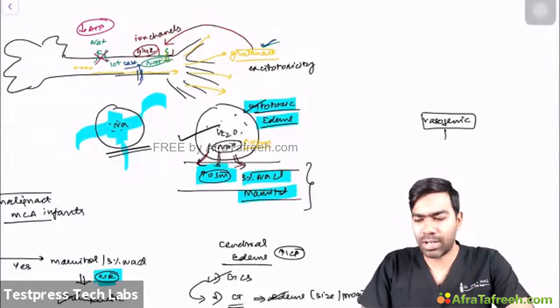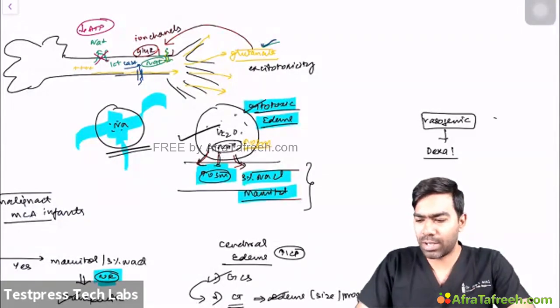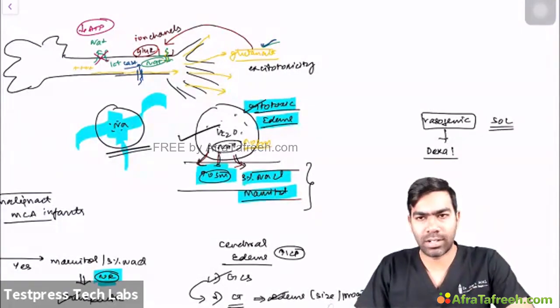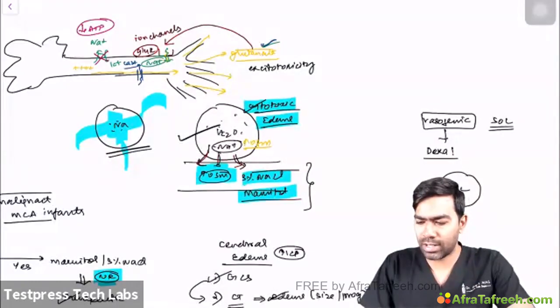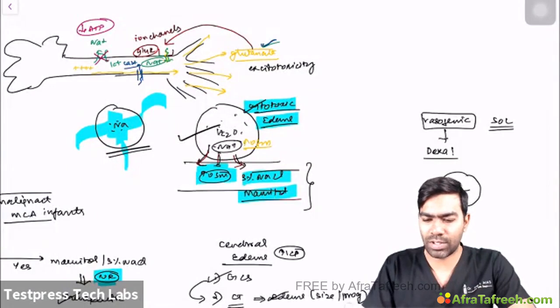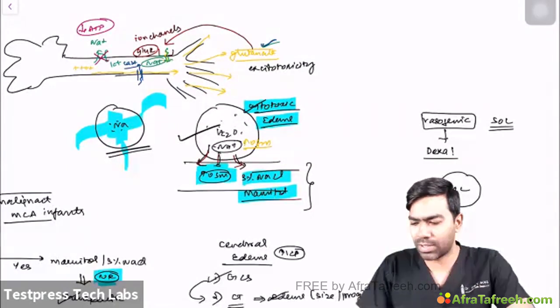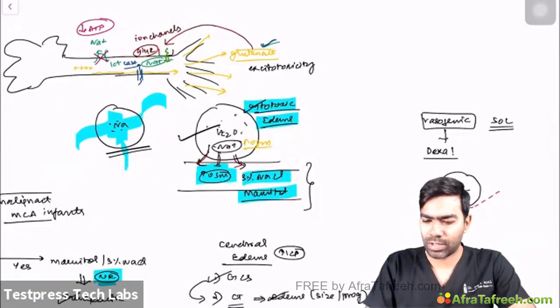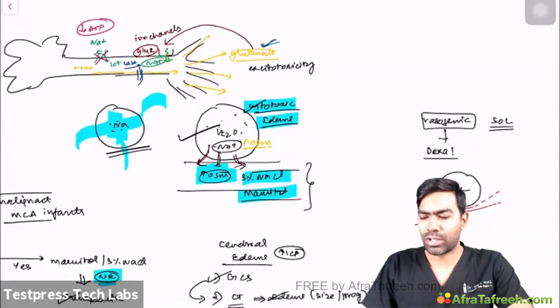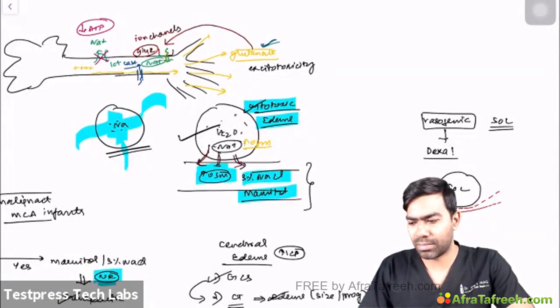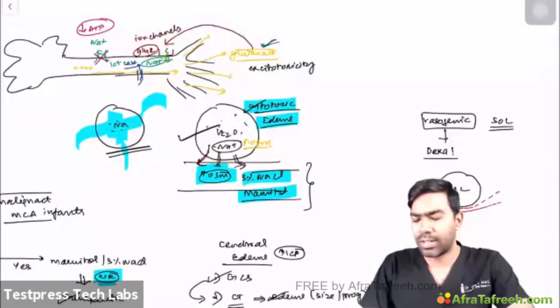In vasogenic cerebral edema, you have to use dexamethasone, that is steroids only. Because vasogenic cerebral edema usually happens in the setting of a space occupying lesion. This is not a water kind of stuff. The space occupying lesion is going to compress the vessels and produce this kind of vascular compression, and because of that you are going to get an edema.